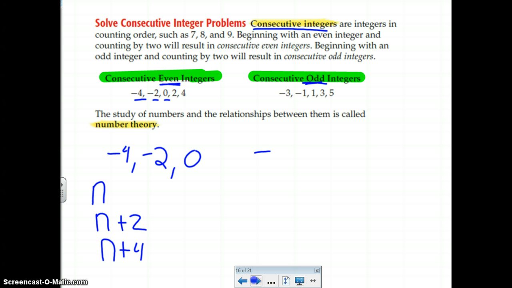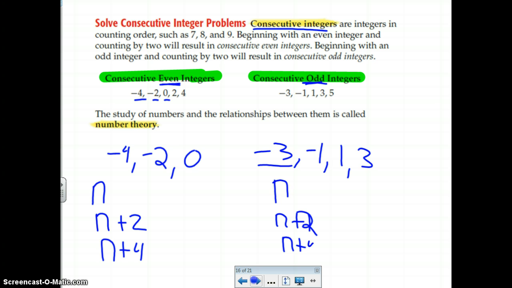This is true even if they are odd integers, like -3, -1, 1, 3. If I call -3 my first integer, that could be n. N plus 2 would get me to -1. N plus 4 would get me to the next one.